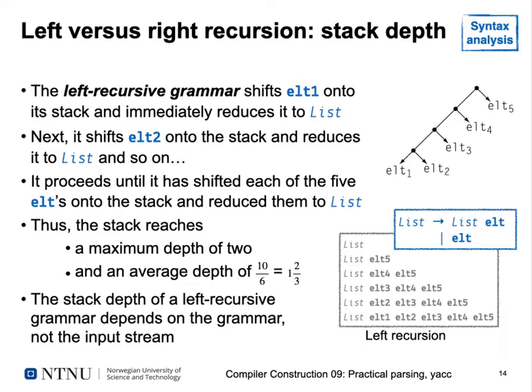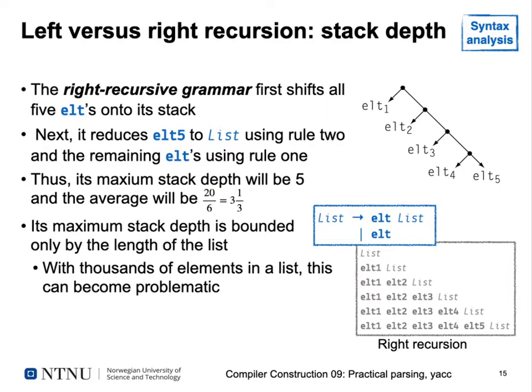So that's not a very high stack depth. Essentially our left recursion would look like this, and of course, since we've already resolved all the rest of the things here, we just need to have these 2 elements, for example, on our stack. So the stack depth of a left recursive grammar depends on the grammar and not on the input stream.